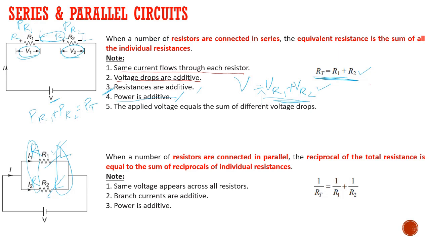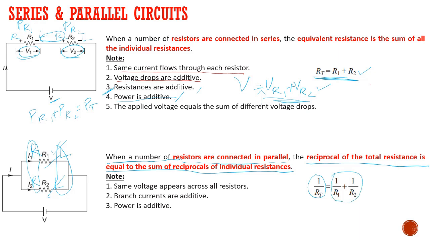So when these two resistors are connected in parallel, how can we minimize this circuit? See, here is the statement. When a number of resistors, here we have considered two, are connected in parallel, then the reciprocal of the total resistance, 1 by RT, is equal to the sum of the reciprocals of the individual resistances.